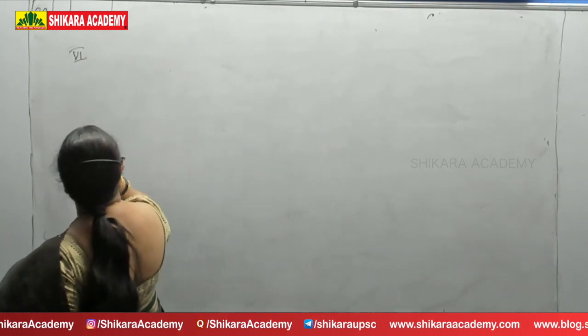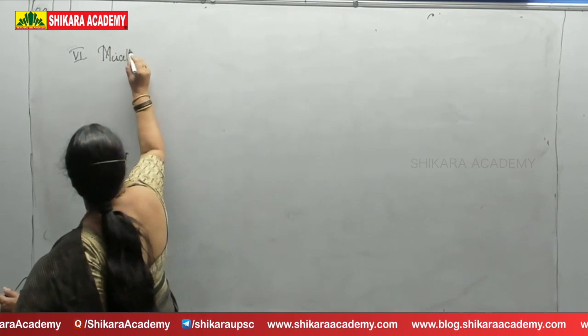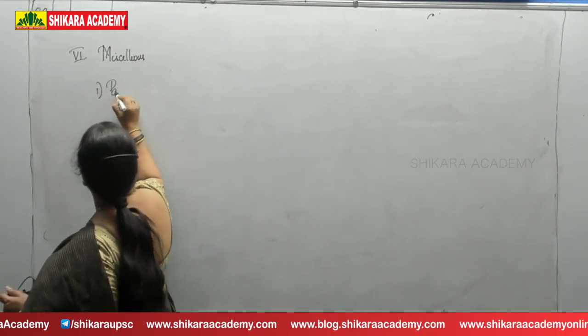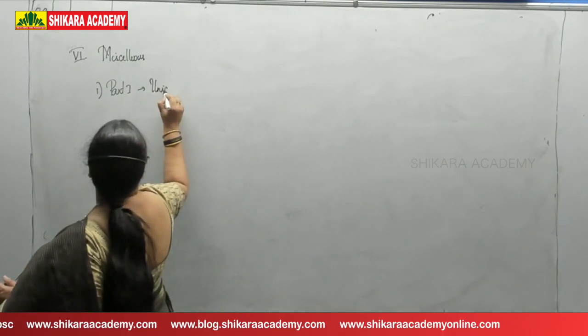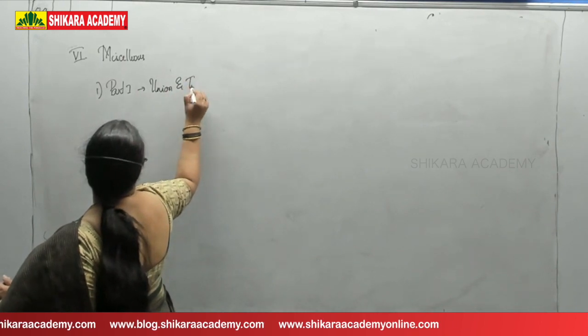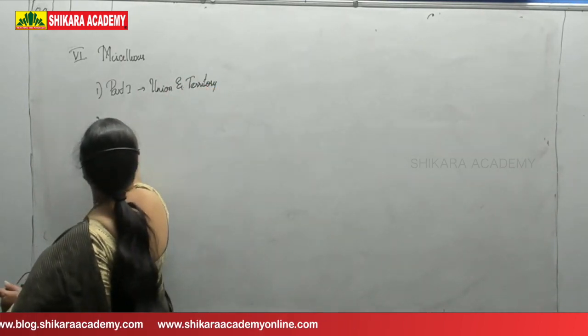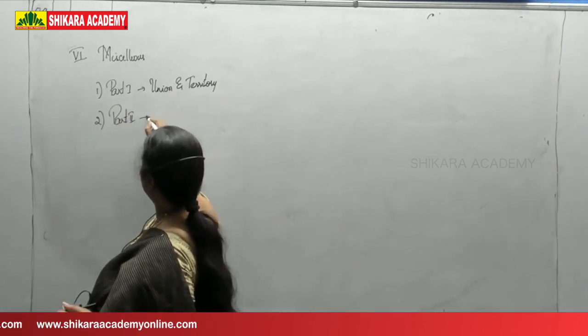6 would be some miscellaneous topics which I haven't covered earlier. The first would be part 1, that is union and its territory. Then we will discuss citizenship in India, part 2.